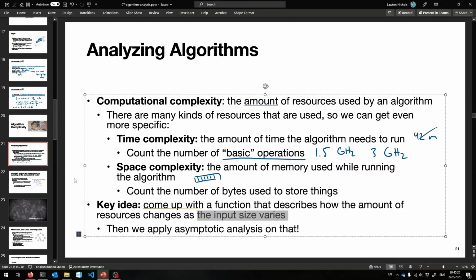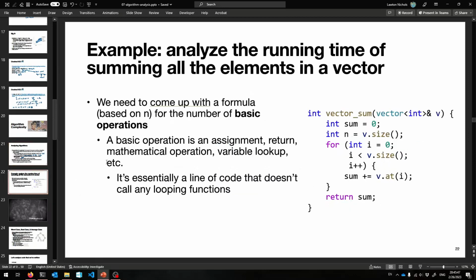It's the size of the array that you're getting from the user, something like that. The number that your variable holds, all right? And then once you have that mathematical function, you can use all the rules that we've been using to do big omega, big theta notation, asymptotic analysis that gives you a good answer. It gives you a class of different kinds of algorithms that are all very similar. These are all n squared algorithms. These are all O of n algorithms. And that's what we care about in 41 and, of course, in computer science in general, all right? So here is one example before we leave.